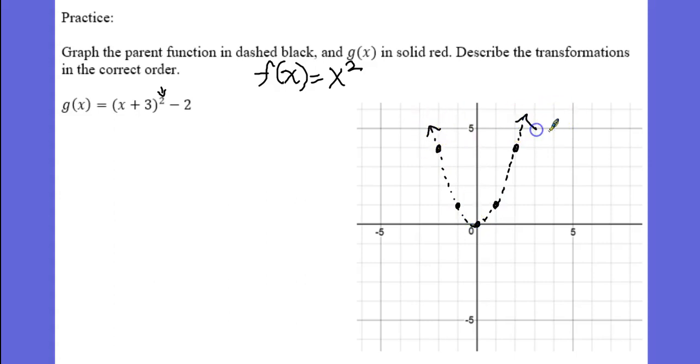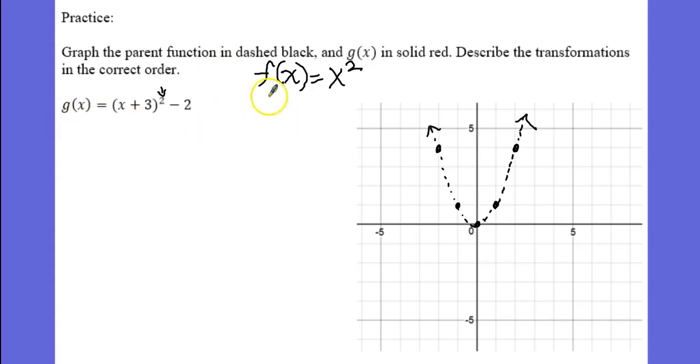We're supposed to be graphing this other function. But anytime I can, of course, I'm going to graph the easiest graph that I can, and the parent function is the easiest graph.